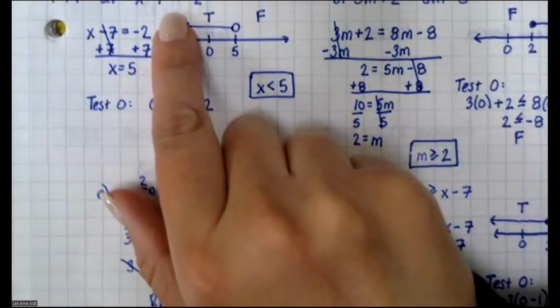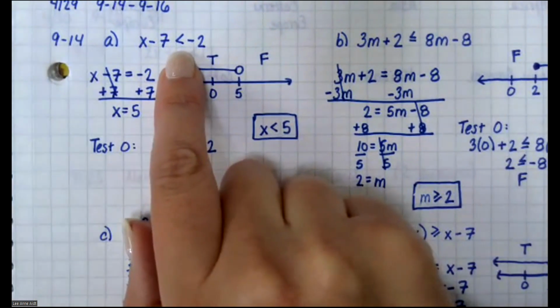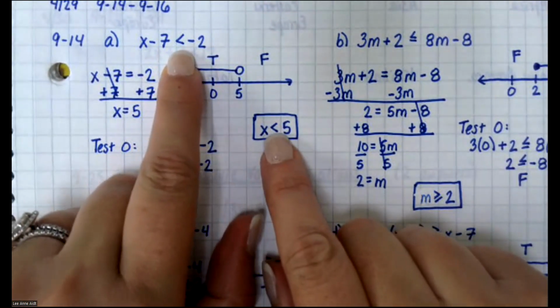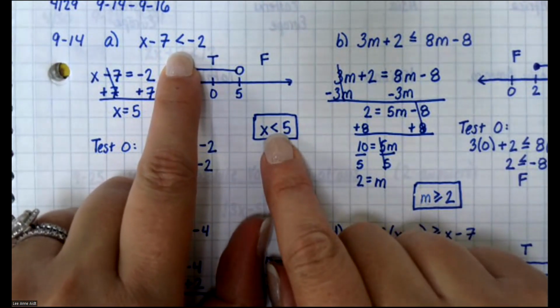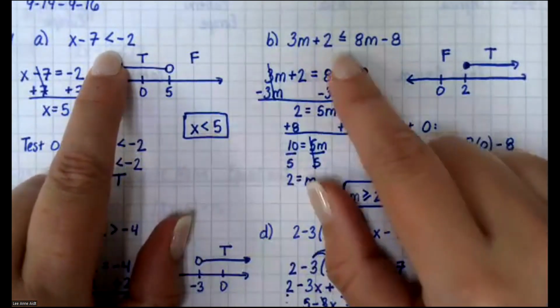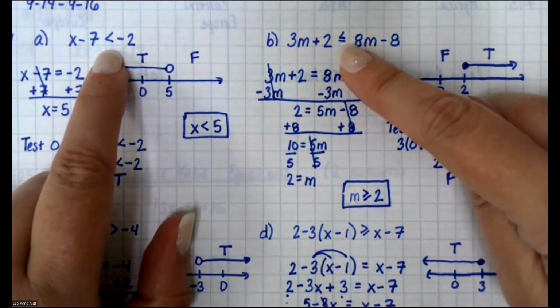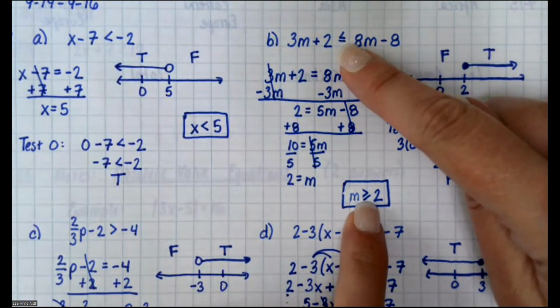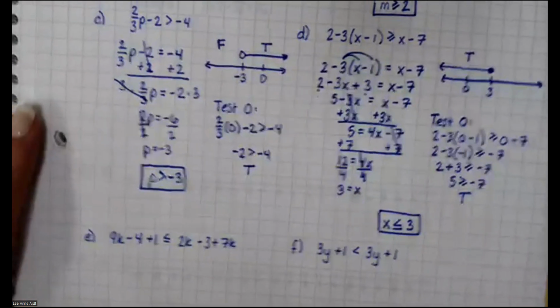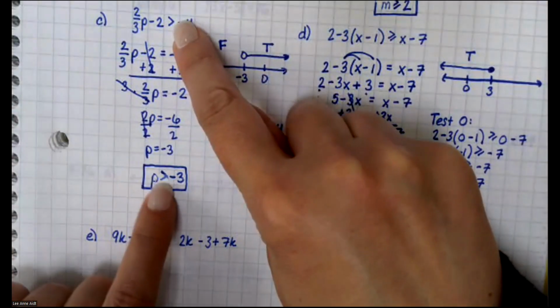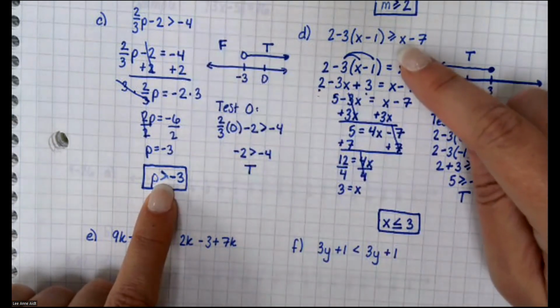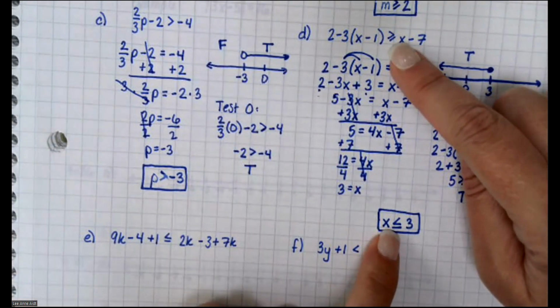Do you notice that in A, the original symbol is less than and the end symbol is less than? In B, the original symbol is less than or equal to, the end symbol is greater than or equal to.